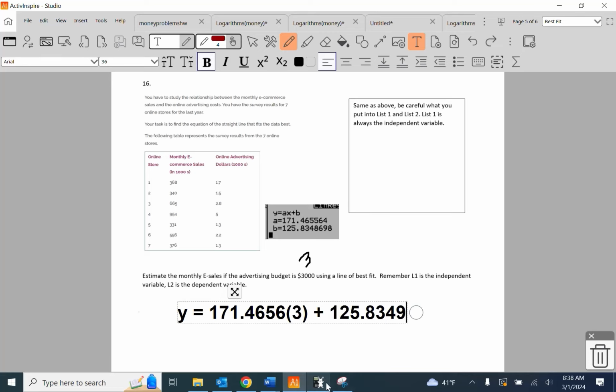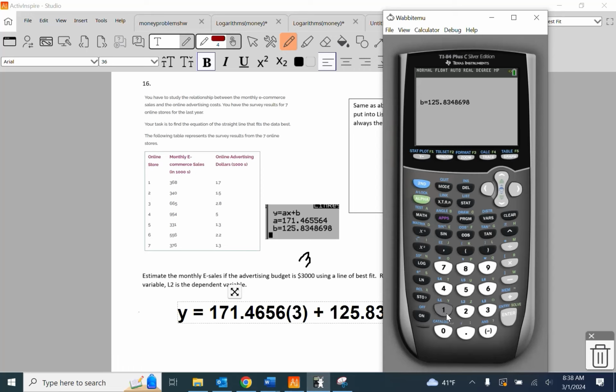And that's what I'm going to push buttons on the calculator. 171.4656 times 3 plus 125.8349. And I got 640.23.